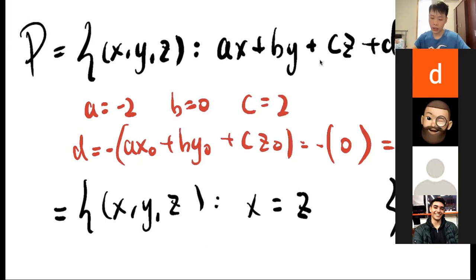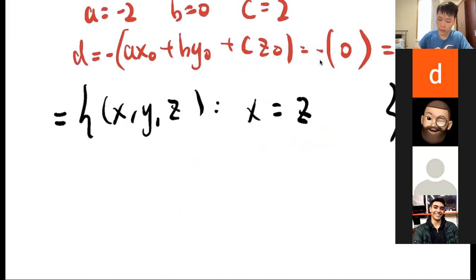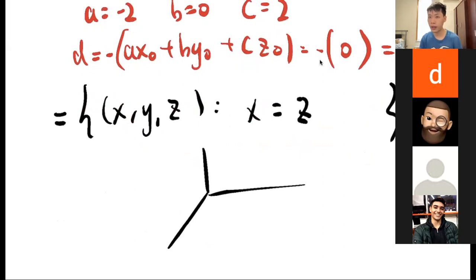Okay, so what does this plane look like? In this case, you only need to have x equal to z. The y component doesn't have any restriction, so y can be anything on the y-axis. You just need to make sure x is equal to z.